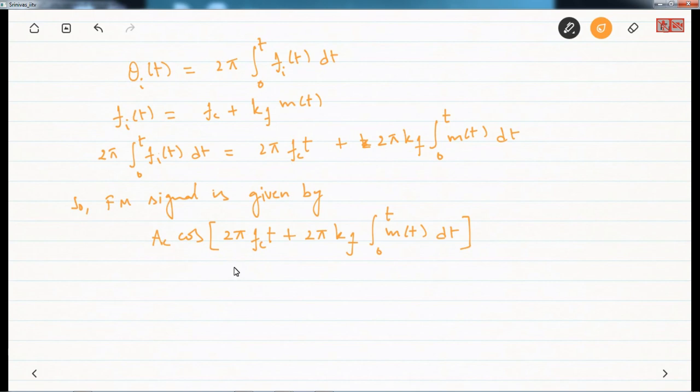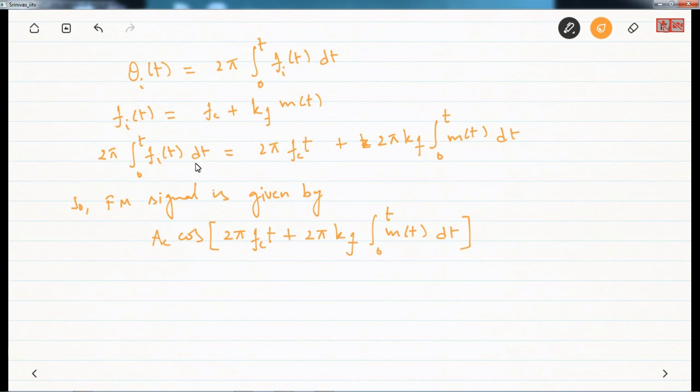Right. So you understood how we got it. See, we have first defined the instantaneous frequency, and from frequency to angle, if you integrate frequency from 0 to t dt and then multiply by 2 pi, you get theta. This is from your basic signals concept, right?